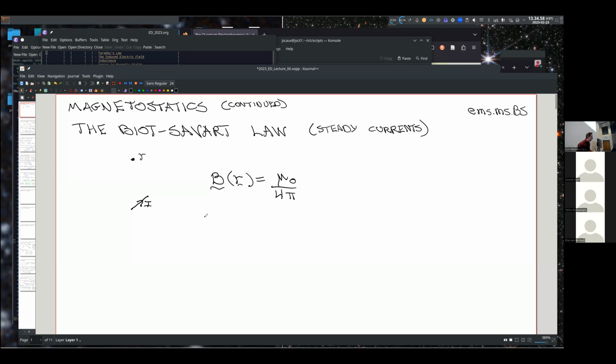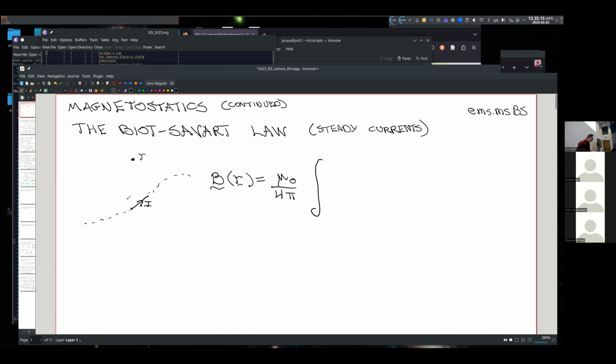But now, if we imagine that we've got a current going through a certain loop in here, the total field viewed at r is an integral over this loop here. So I imagine that this thing carries on in a certain shape or form like this, and I'm summing little length elements dl on this loop, on this path.